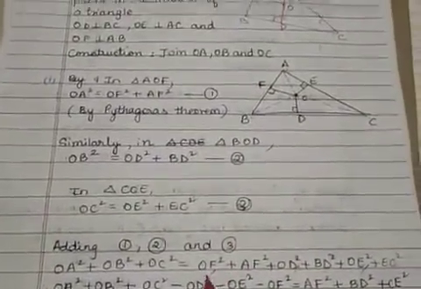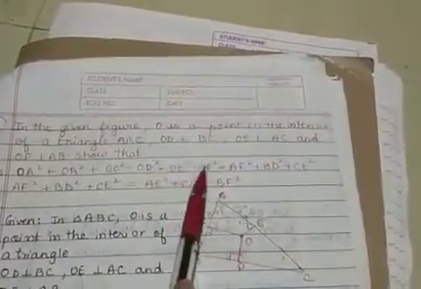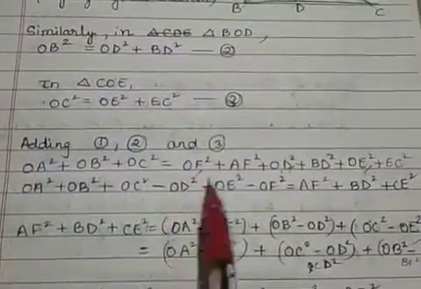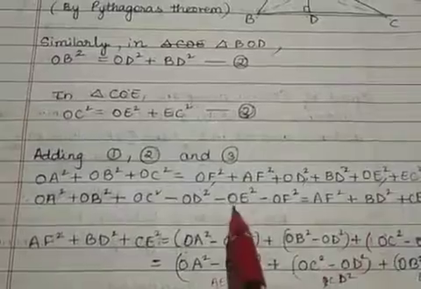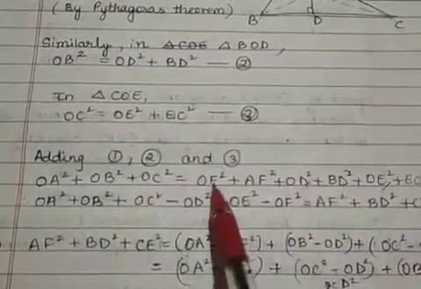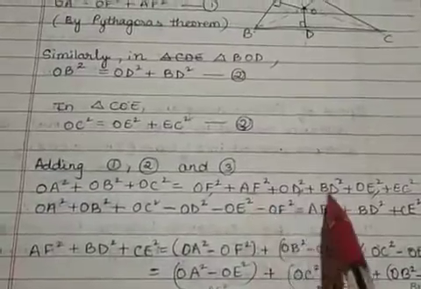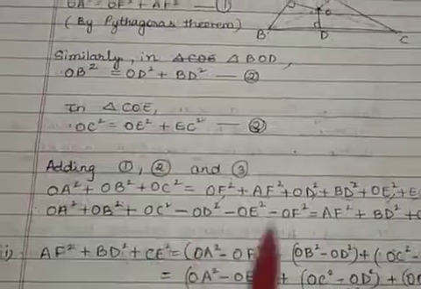We can transfer all the terms which are required here. So you need OD square, OE square and OF square. So let us transfer them on the left hand side. So you'll get here minus OD square, minus OE square and minus OF square. So what remains here is AF square, BD square and EC square. Okay, so this is what we had to prove.